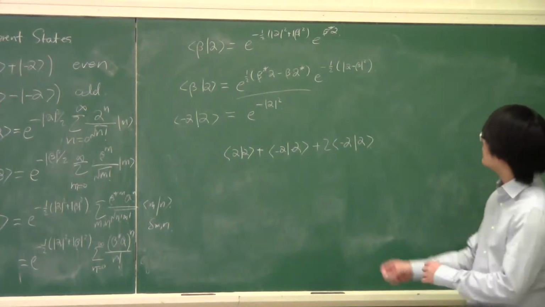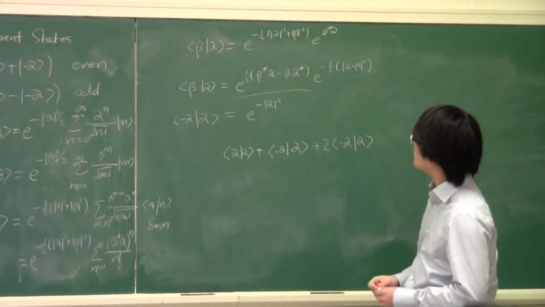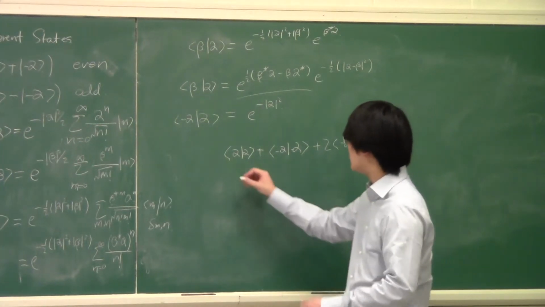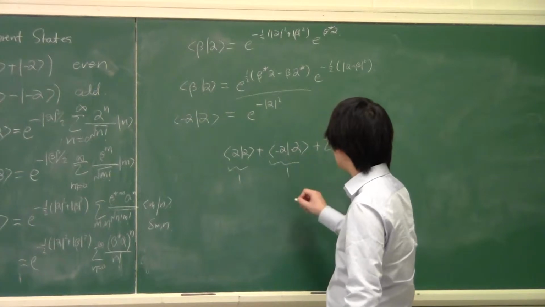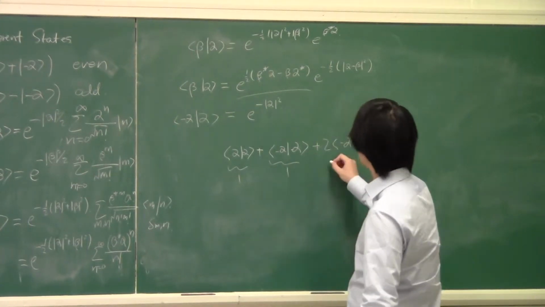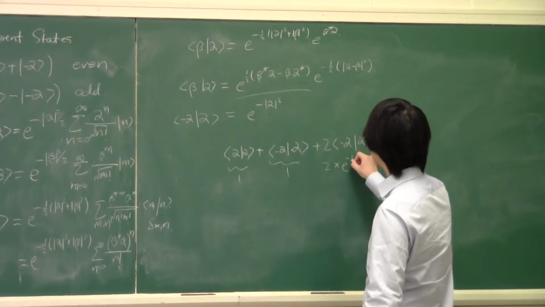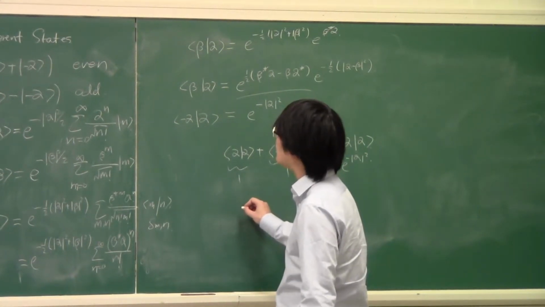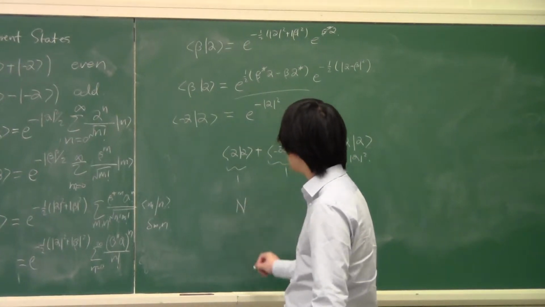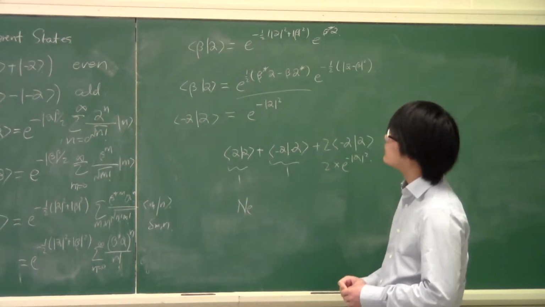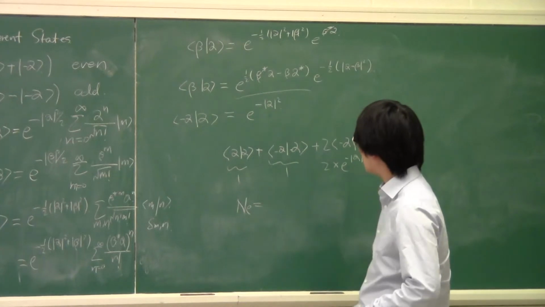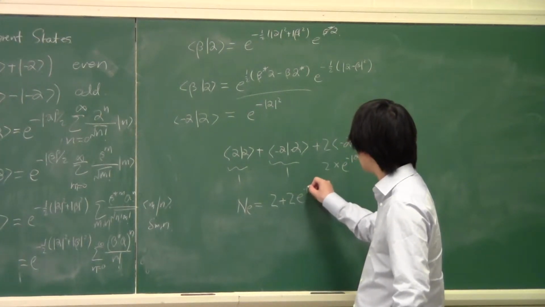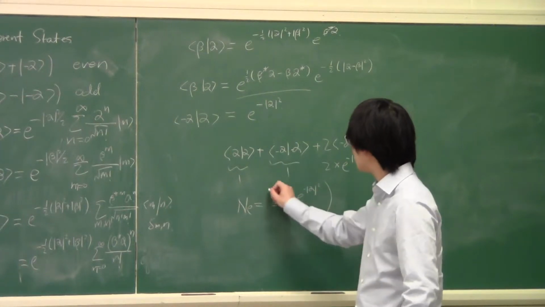If we plug these in, two coherent states give you 1, so these both give you 1, and then this is 2 times e to the minus alpha squared. So their overlap produces this kind of normalization constant, which is 2 plus 2 e to the minus alpha squared.